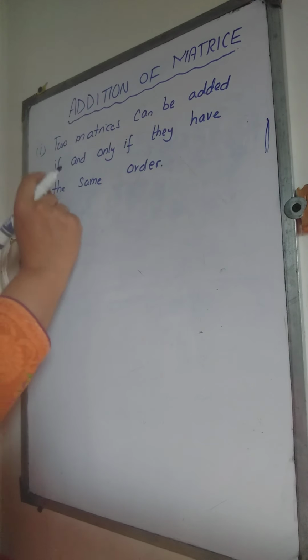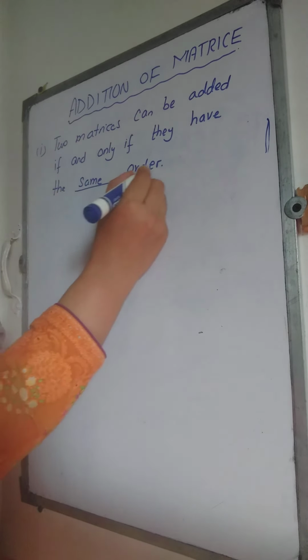So two matrices can be added only if they have the same order. Okay.